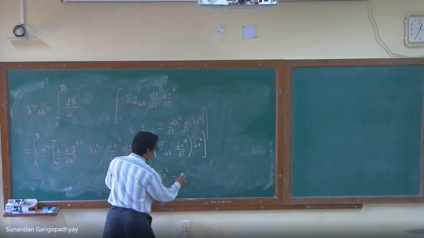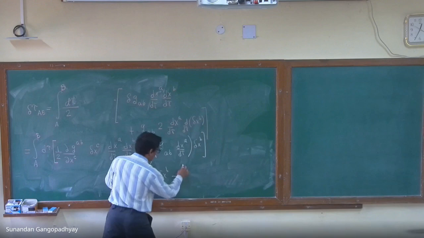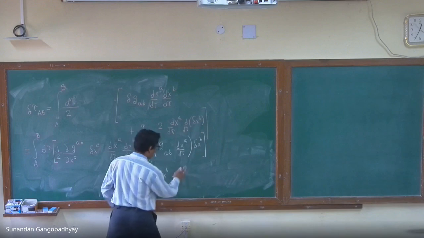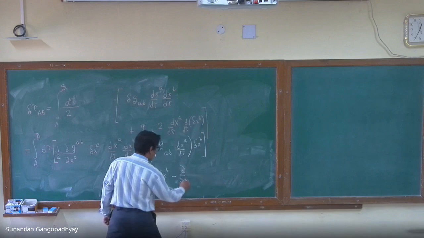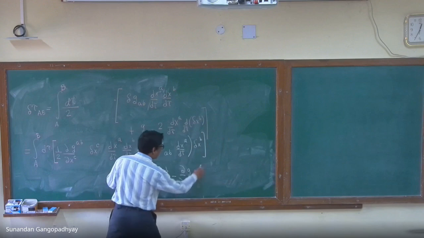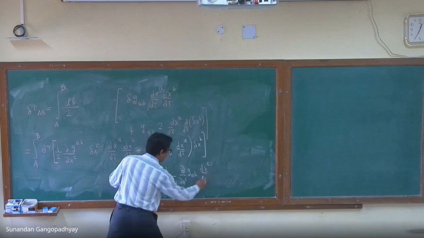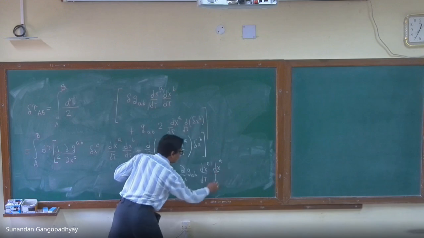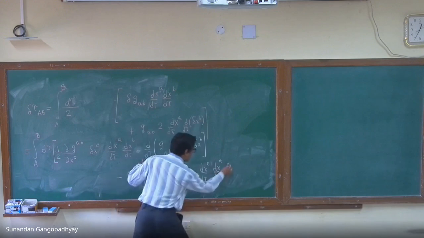So this will be del XC GAB dxc d tau, dxa d tau, delta XC.